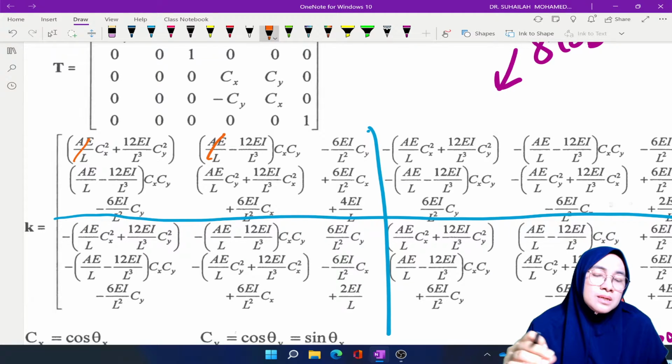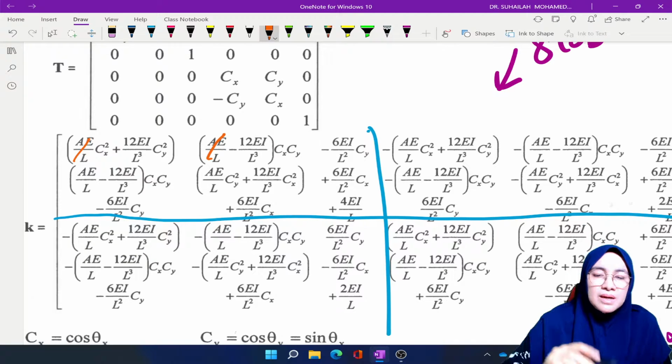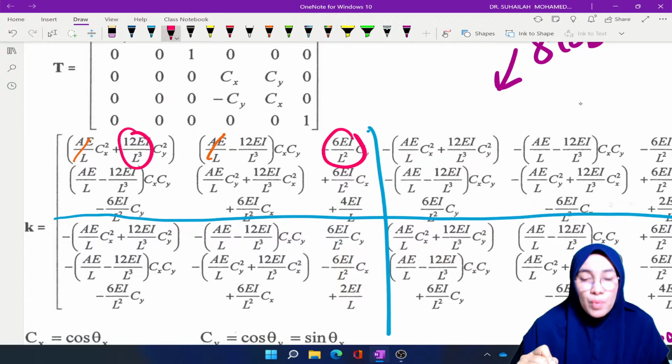It is only a few formula terms, I think 4 values only. It is 12 over L cube, and then we have 6 over L square, and then we have 4 over L, and then we have 2 over L. Actually we have only 4 values.